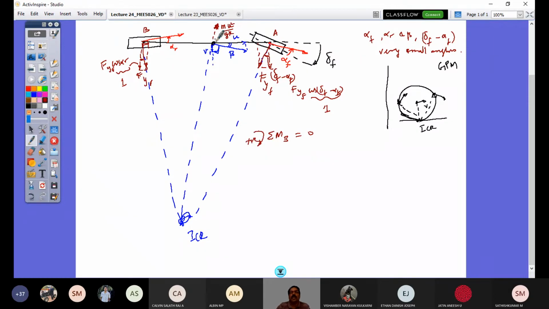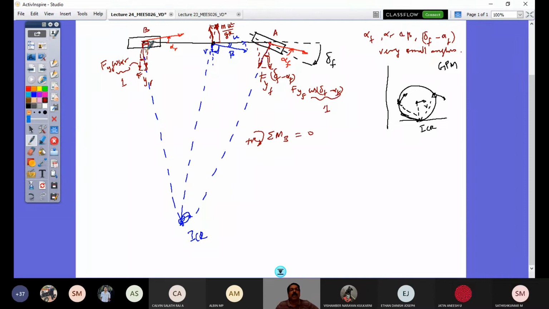Similarly, the centrifugal force also has one component that goes like this and another component that goes like this. If we take this component, what is its value? W U squared by g R cos beta. Again, cos beta can be 1. That is the advantage of writing this equation. The other component, along this axis, along this frame, will not participate in the moment equation, which is the sine component.